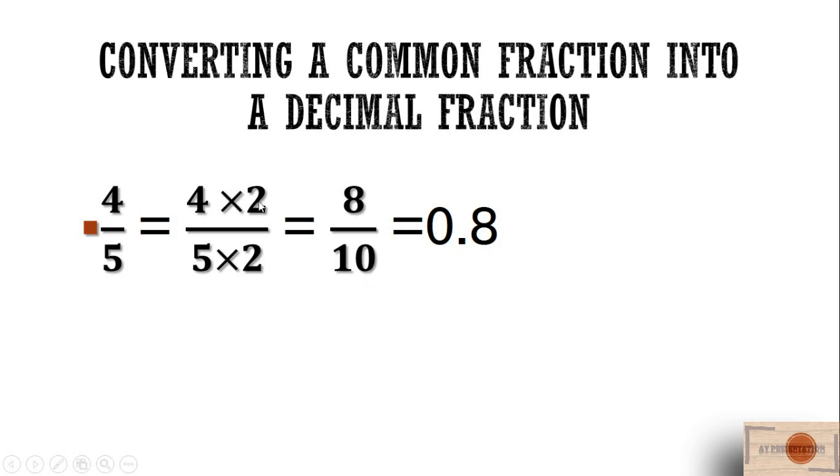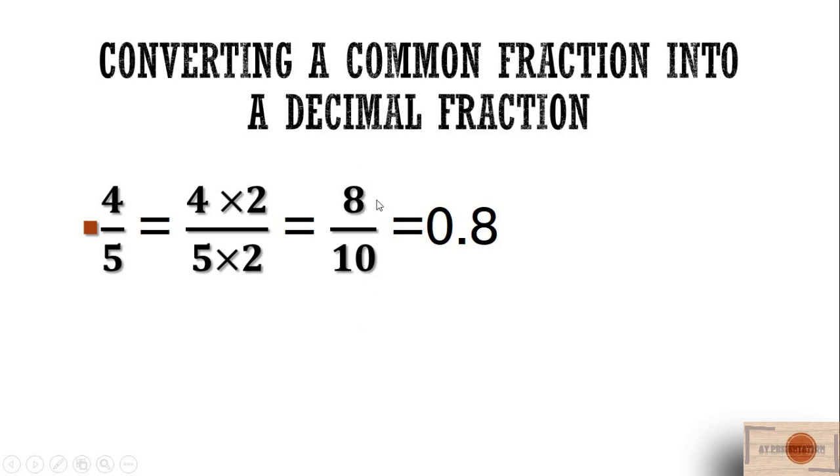So always take the same number in this place. Then 4 multiplied by 2 is 8 and 5 multiplied by 2 is 10. So 4 upon 5 is converted into 8 upon 10.